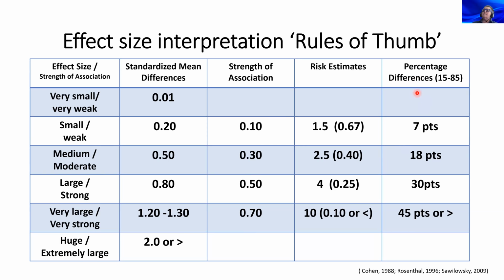And then sometimes there are percentage differences that are used between one group and another. And we will also note that here are the points that you would expect given the range of 15 to 85. So we've extended the rules of thumb well beyond this small, medium, and large section that was previously used. And really it was focusing on, for the most part, small, medium, and large standardized mean differences and strengths of association.